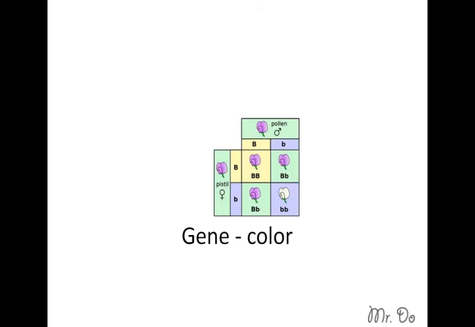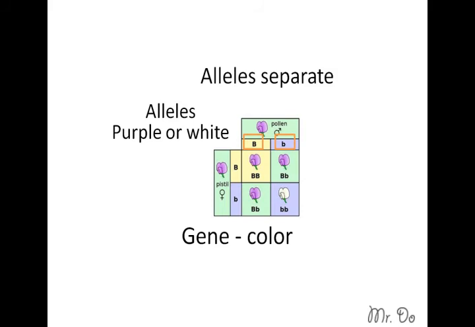Now the gene we're dealing with right here is color, and the alleles are either purple or white. So alleles are different forms of a gene. Now notice how each parent gives off an allele, and the allele is 50-50. The parents give off one of each allele. The alleles separate.